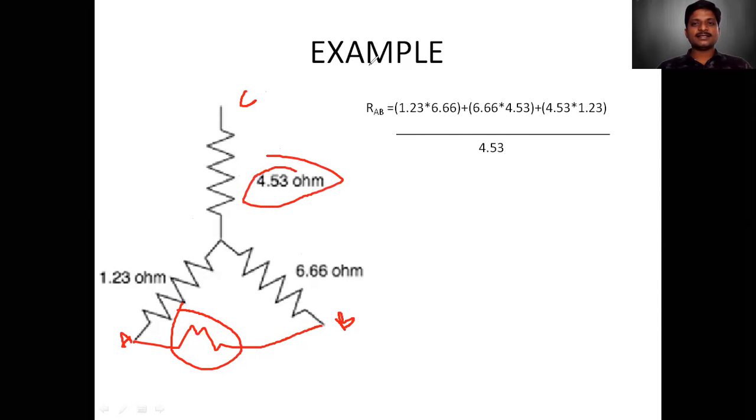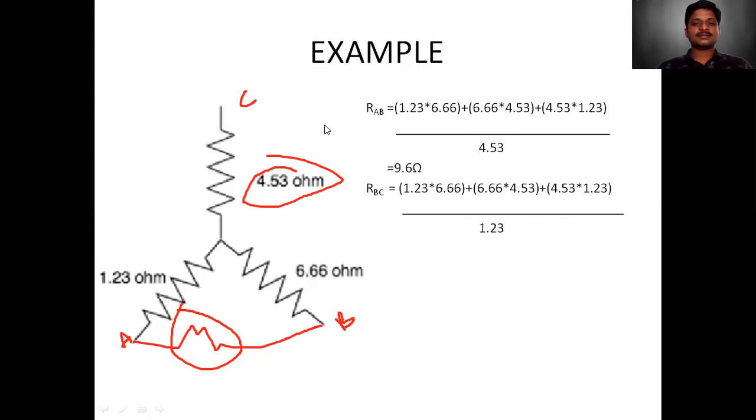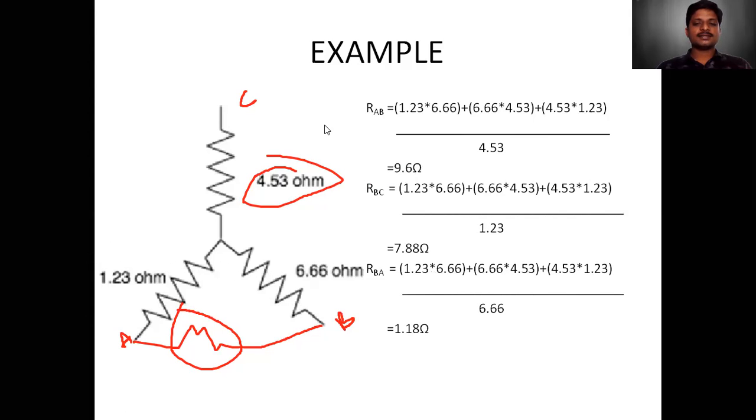If you write like this, then you will get the answer, RAB is equal to 9.6 ohms. In a similar fashion, you can find the values of RBC, which is 7.88, and RBA as 1.18 ohms. So that is how you can find the values of a delta network from the given star network.